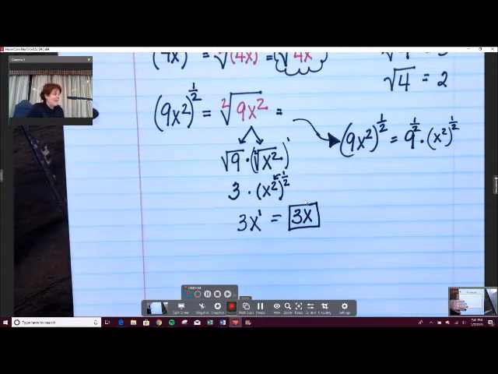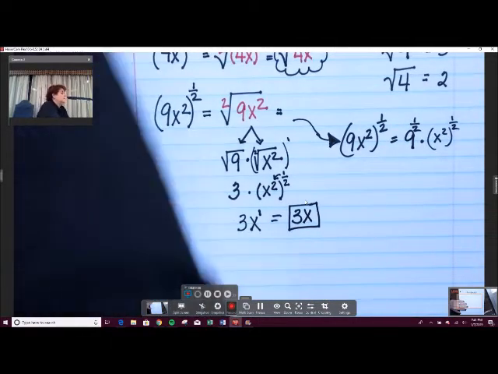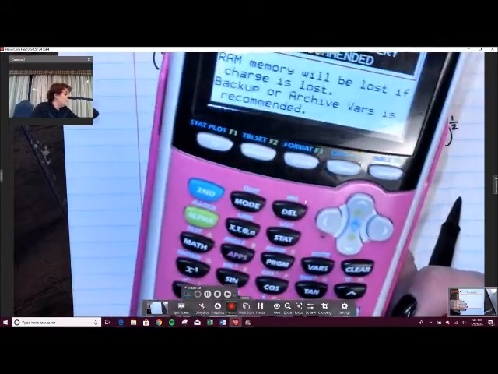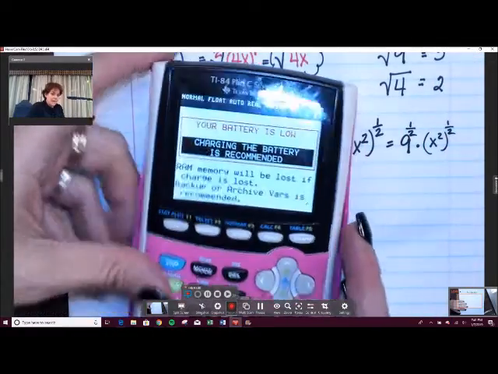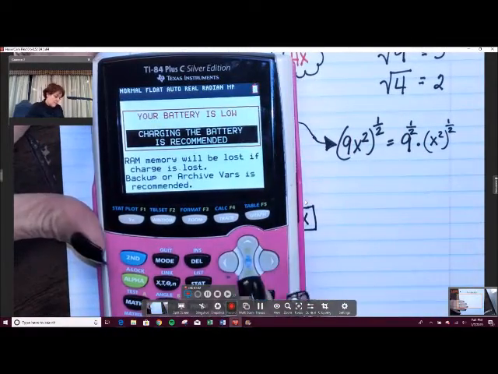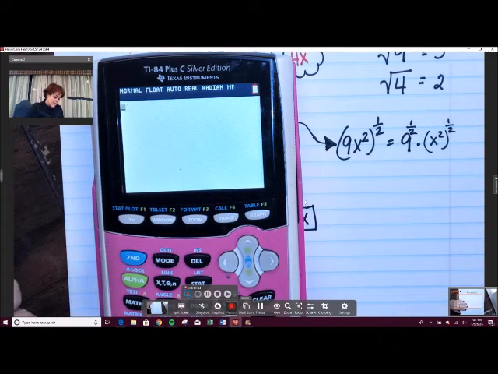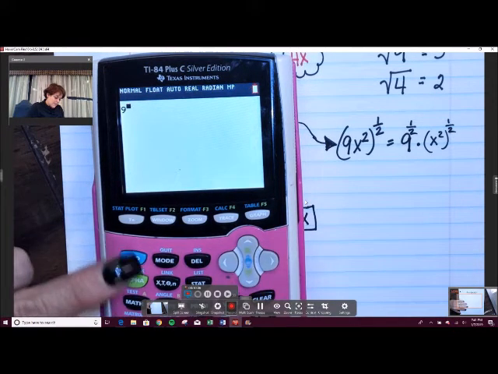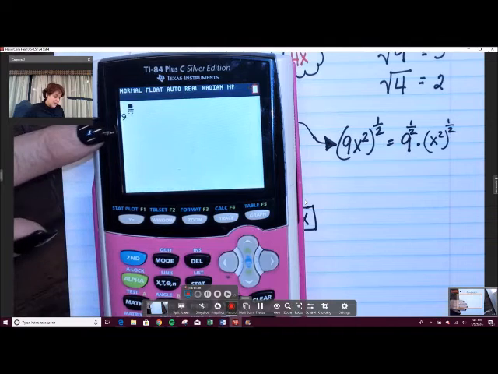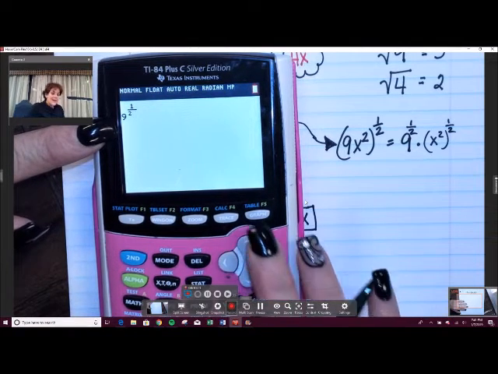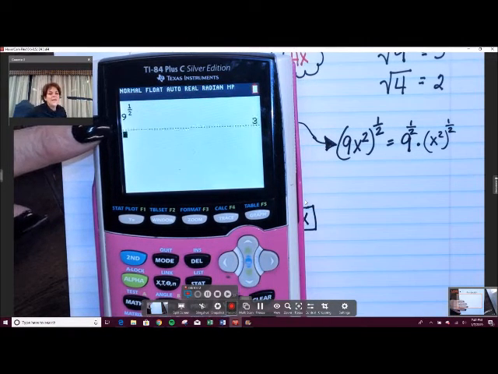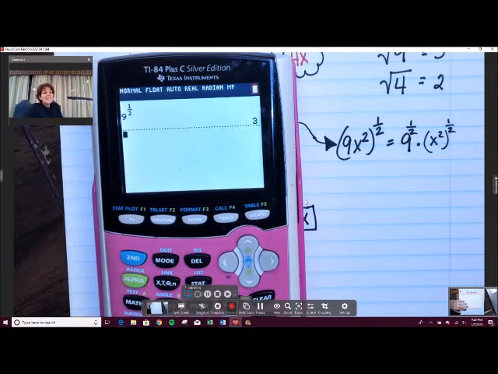9 to the 1/2. I'm going to try and put it in. Oh, it's saying my battery is critically low. Okay, here we go. Watch this. Look at that. Is that not the coolest thing? I can actually put 9 to the 1/2 power. Oh, look at that. It tells me it's 3.